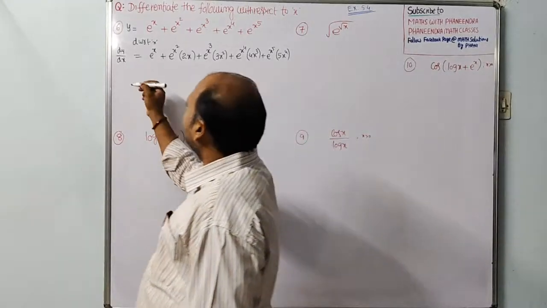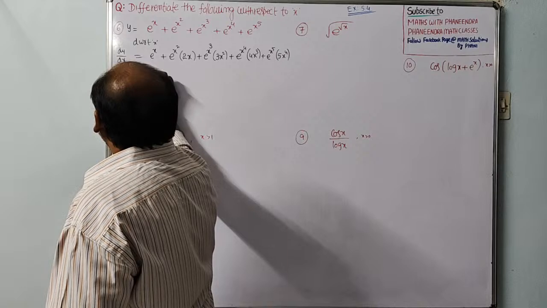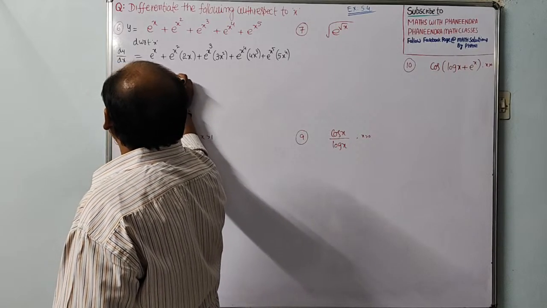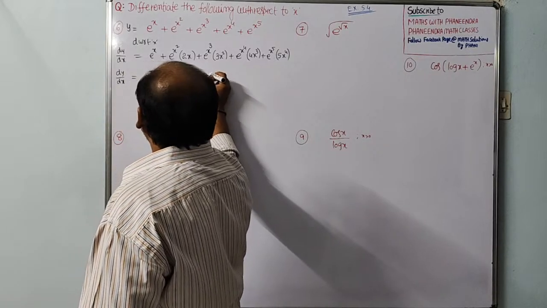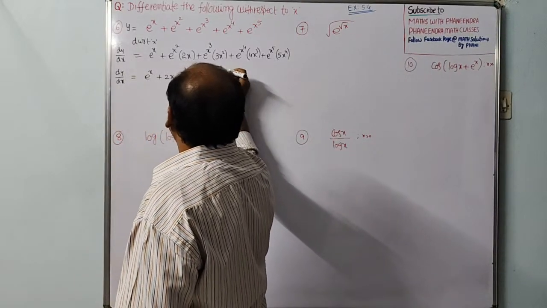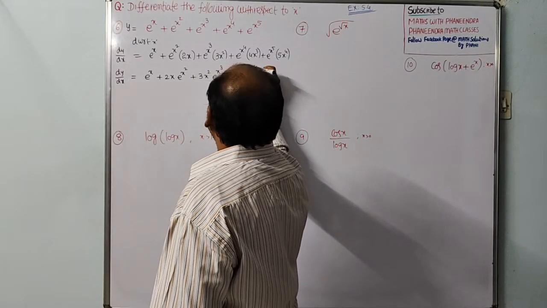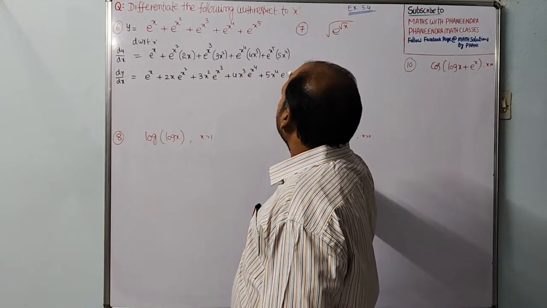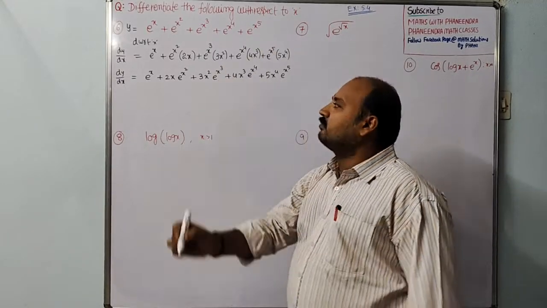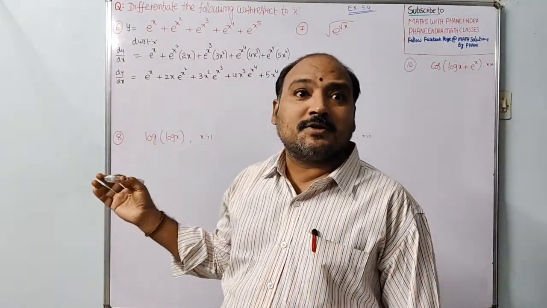So we need to write it in the order: dy by dx equal to e power x plus 2x into e power x square plus 3x square into e power x cube plus 4x cube into e power x power 4 plus 5x power 4 into e power x power 5. This is the required answer.